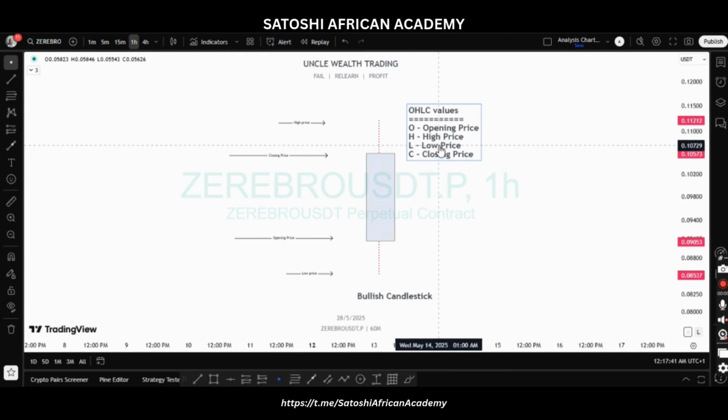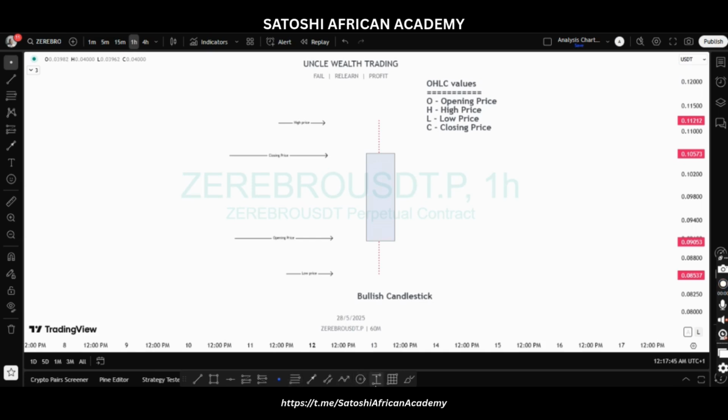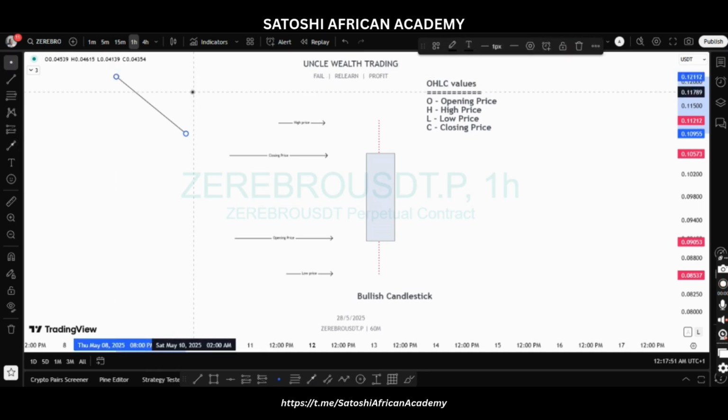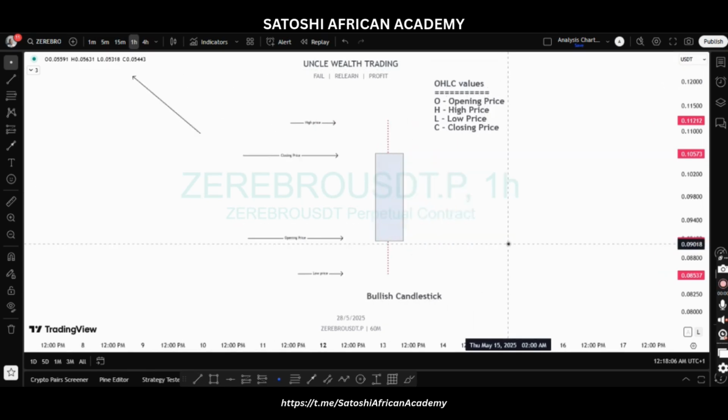As simple as that. And on the chart, if you look up here, you will see that the OHLC values are represented here. Why it's fluctuating is because of the charts below. So it's reflecting each of these prices for every candlestick there.